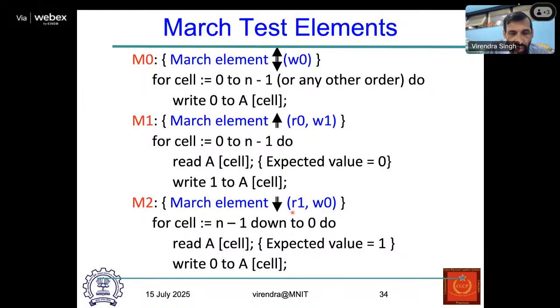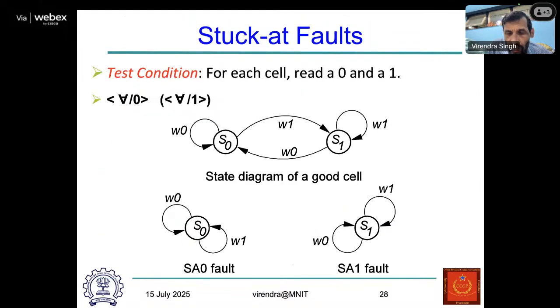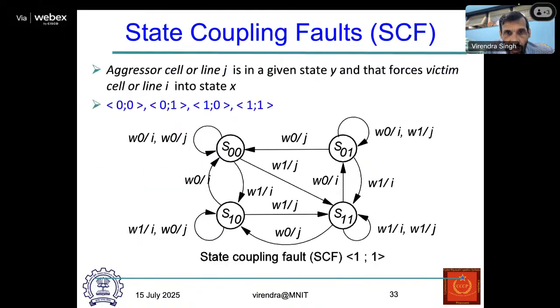I will do only one thing: in the reverse order, from n minus 1 to 0, I see whether my cell is holding 1 or not, because I have written 1. If it is not holding 1, that means it has stuck at 0 fault. So it can check the stuck at 0 fault.